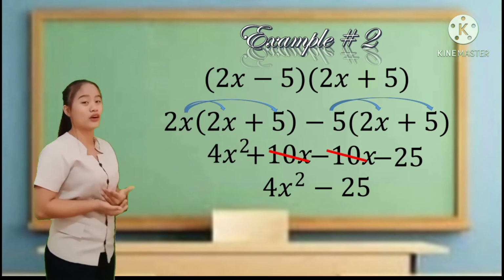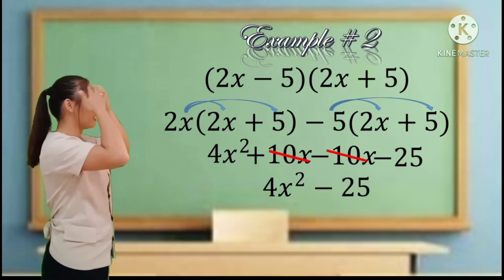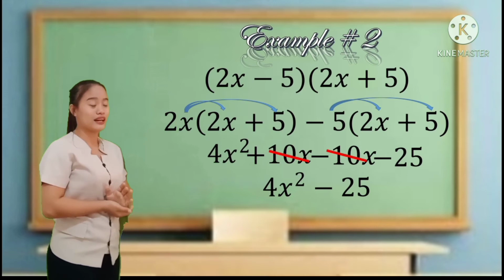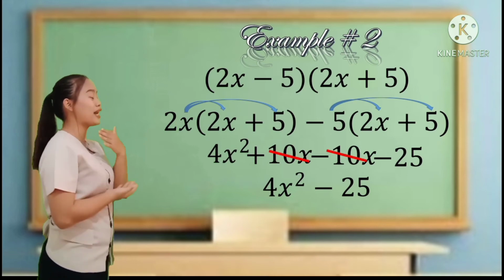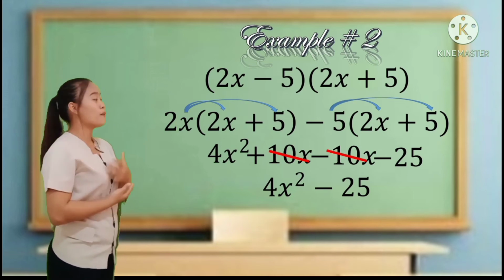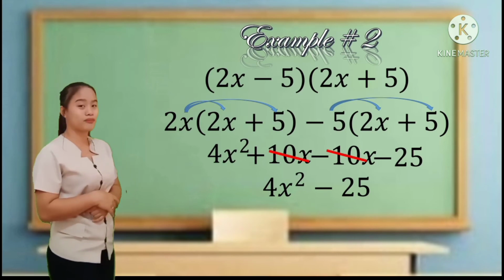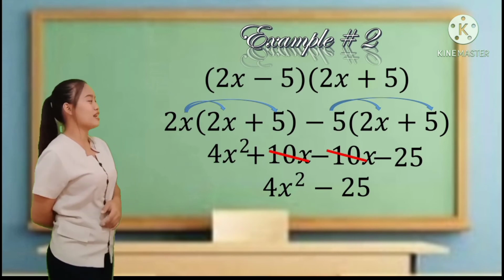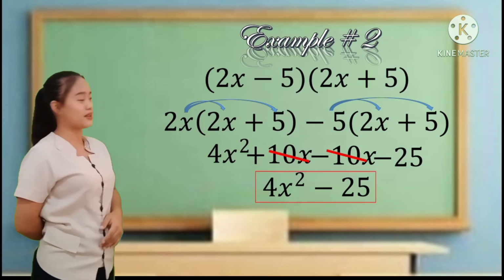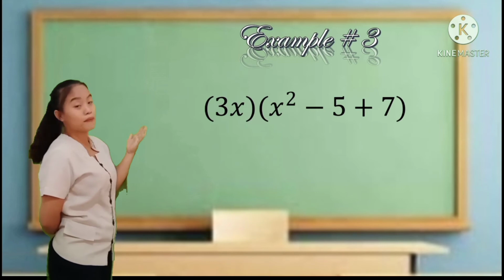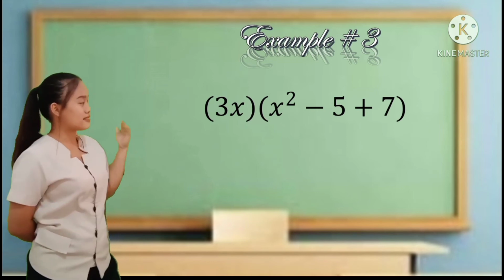Let's talk about multiplying polynomials. Let's try to multiply monomials to polynomials with more than one term. Let's have the first example: 3x multiplied by x squared minus 5x plus 7.